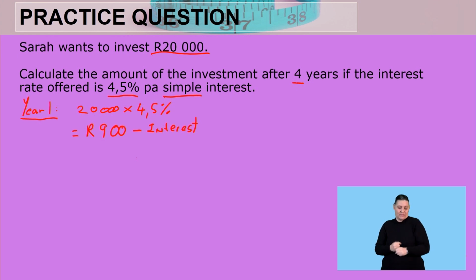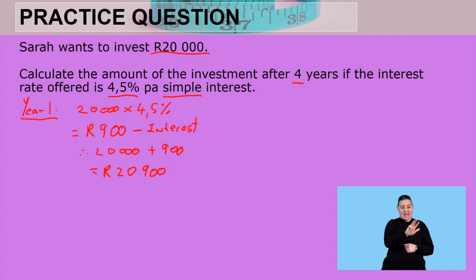So for year one, we'll take the 20,000 Rand. Then we'll add on 900 Rand. And that gives me 20,900 Rand. Nice. Let's go to year 2 of 4.